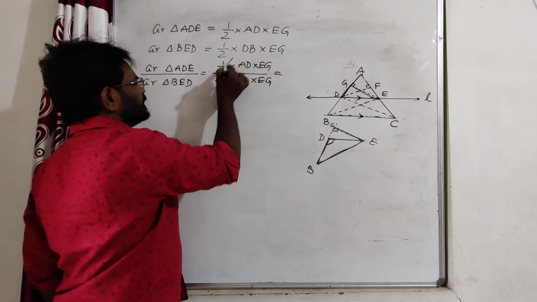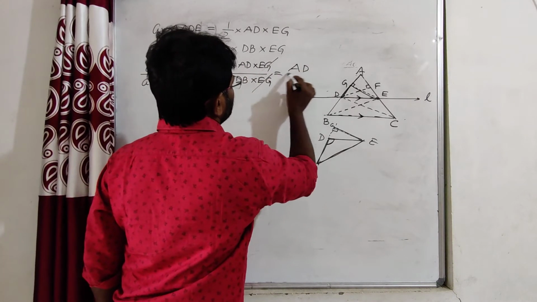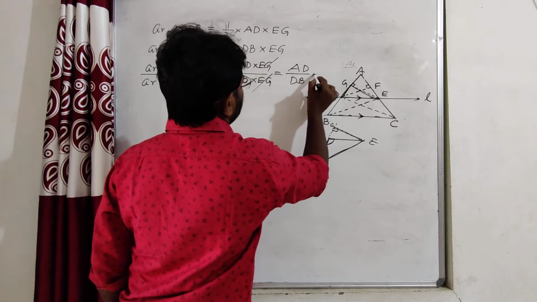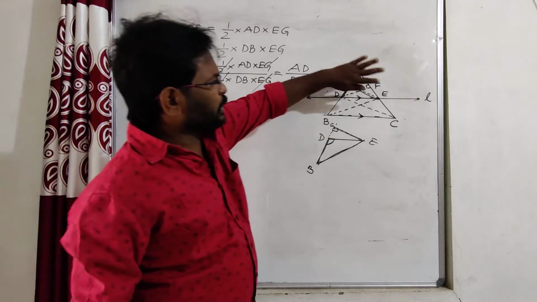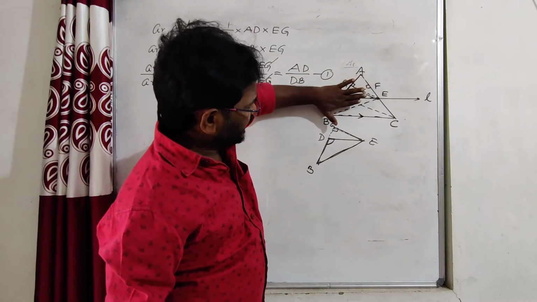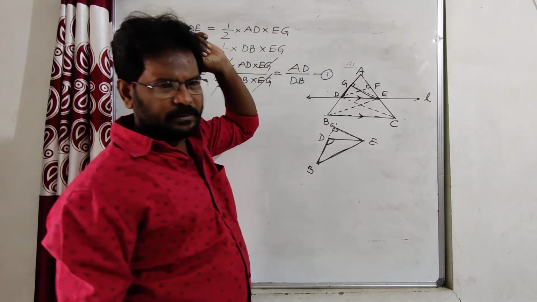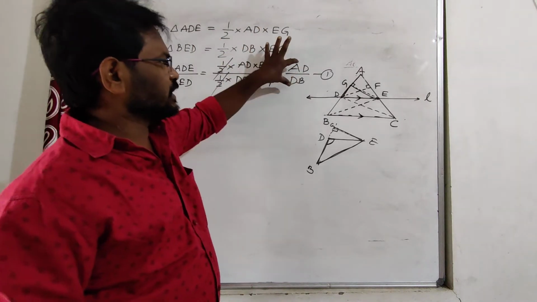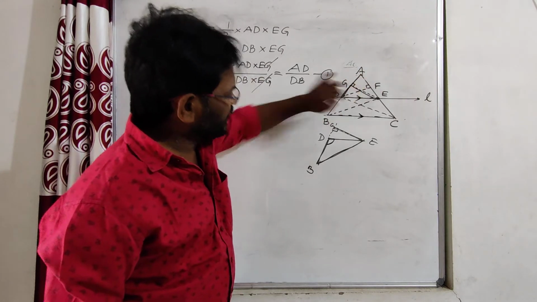So here 1/2 EG gets cancelled, and we obtain AD by DB. Let that be 1. What we consider here is the upper triangle ADE and the triangle BED, their ratio is AD by DB. Area means a real number, so this is a number.